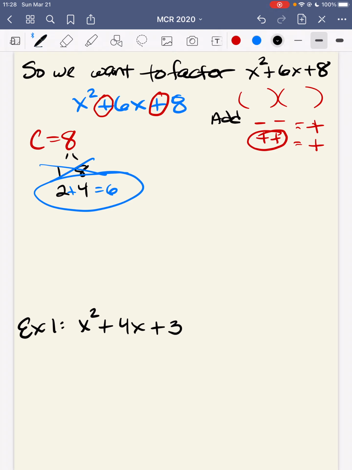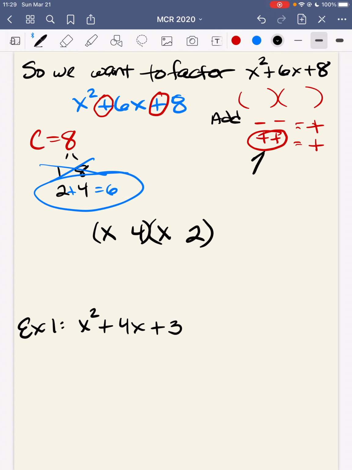I then create my 2 binomials. In front of each binomial I have my x squared. Remember that x squared comes from multiplying the first 2 terms in each binomial. The 8 is going to come from the last 2 terms in the binomials, which in this case can be 2 or 4. It doesn't matter where you put them. I'm going to put my 4 there, my 2 there.